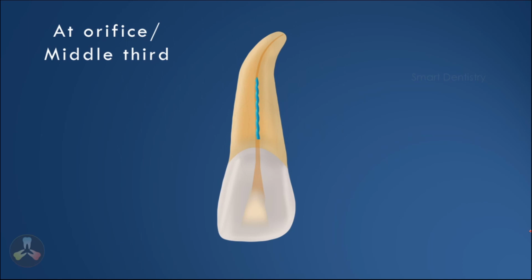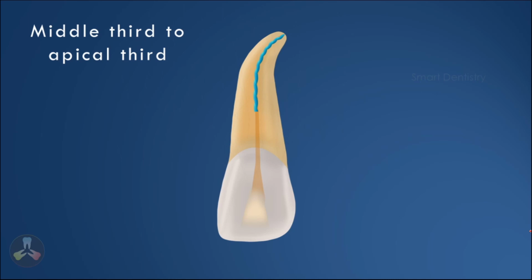This can be easily retrieved. In the next scenario, from the middle third to the apical third, there will be a file fracture. Again, this fracture can be attempted to remove using some advanced technique. Again, removal can be difficult in many situations.